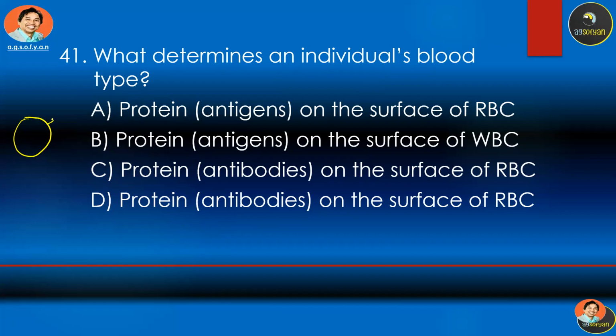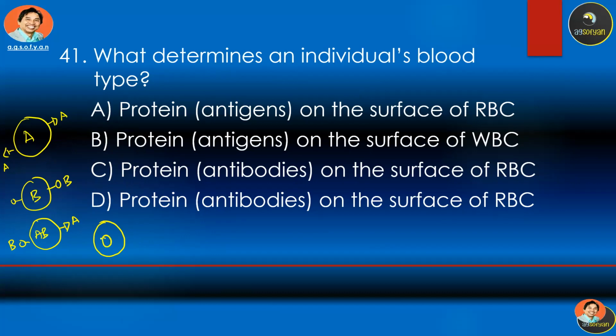So if someone carries antigen A, for example, then his blood will be A. If he carries antigen B, then his blood will be B. If he carries both A and B, then his blood type will be AB. If his red blood cell does not carry antigen, then his blood type will be O. So the antigens on the surface of red blood cell determine someone's blood type.